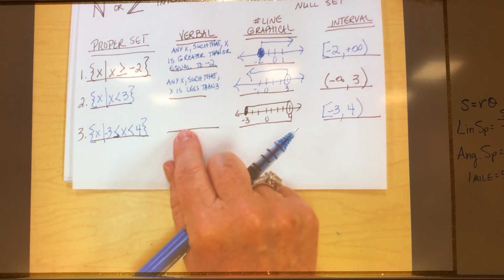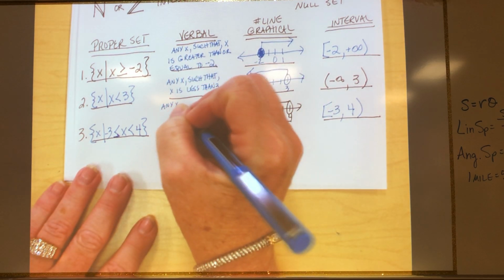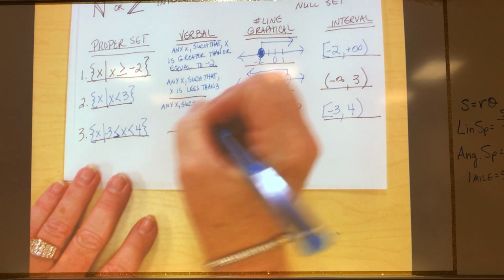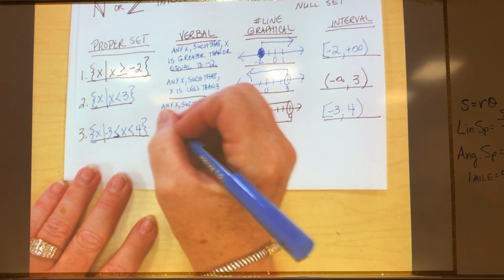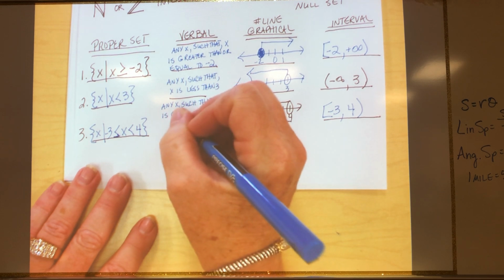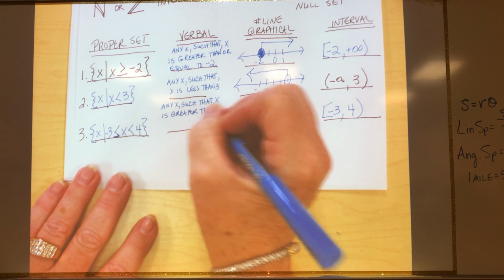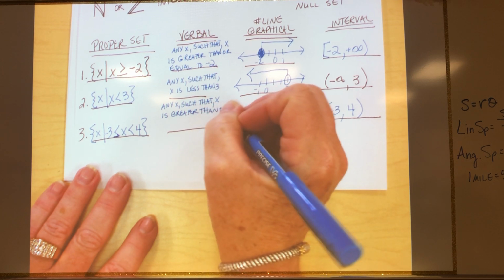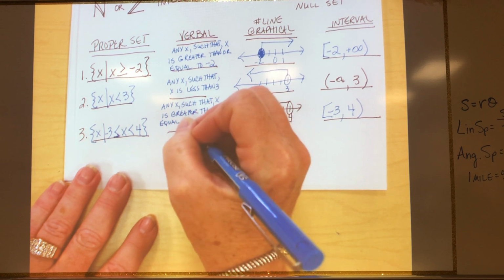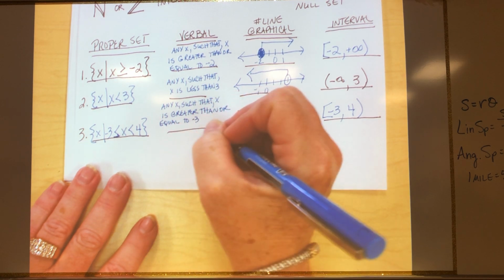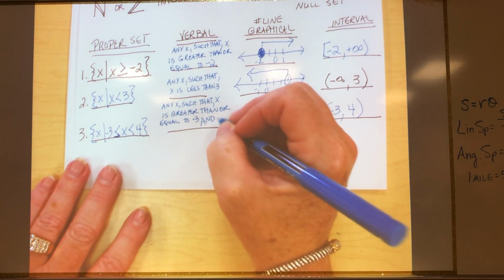It has to have the word and. So it's going to be any x such that x is greater than or equal to negative 3 and less than what?